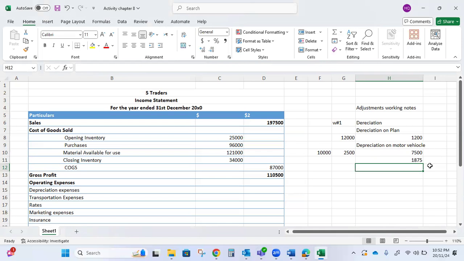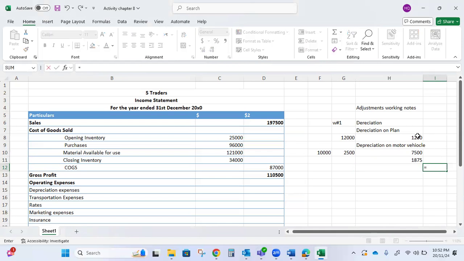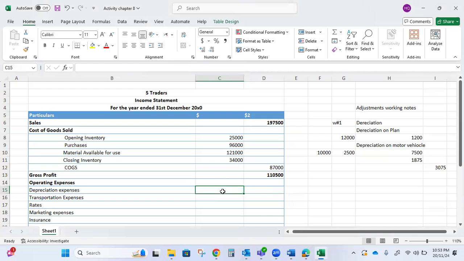Total depreciation is 1,200 on plant plus 1,875 on motor vehicle, so the total becomes 3,075 pounds. Just place this value here in the income statement.